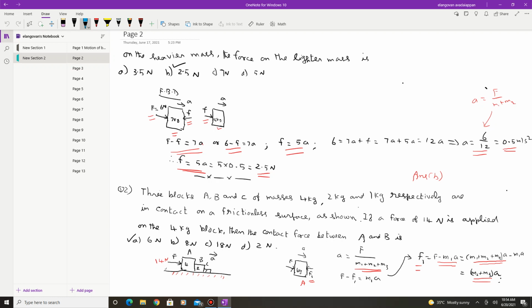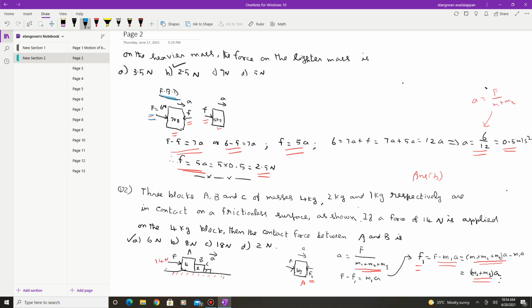Now in order to solve this problem, you have to first draw the free body diagram. That is important. So first draw the free body diagram for 7 kilogram. So F is acting as given here, which is 6 Newton, and the two blocks are in contact.